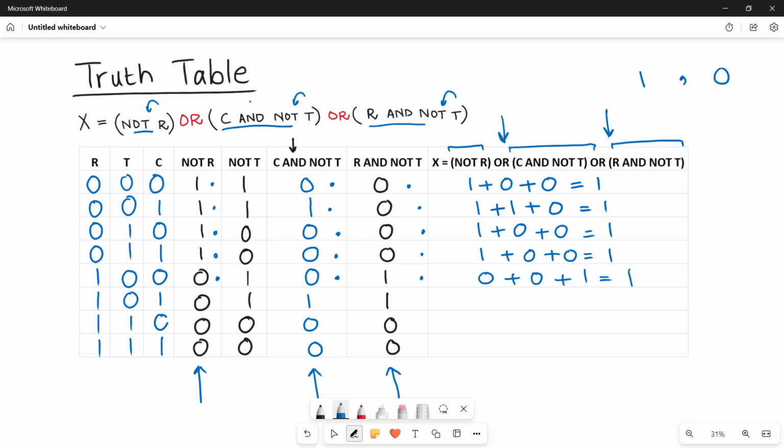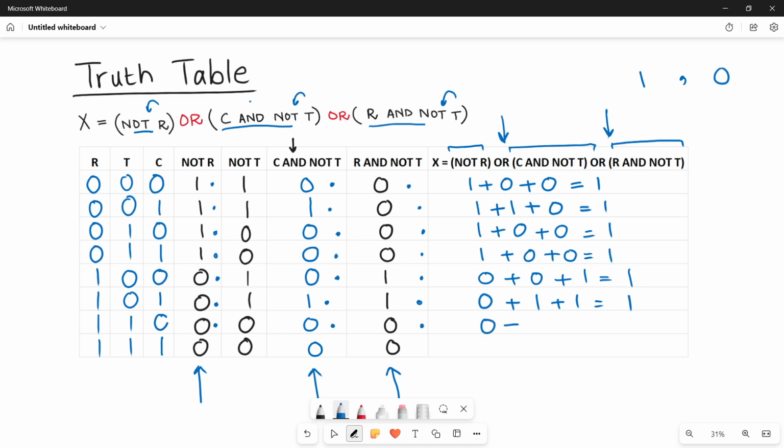Remember that if any of these columns has a value 1, then your output is going to be 1, because this is what the description of the logic circuit says. 0, 1, 1: if any one of these conditions becomes true, then your result will be true. 0, 0, 0.